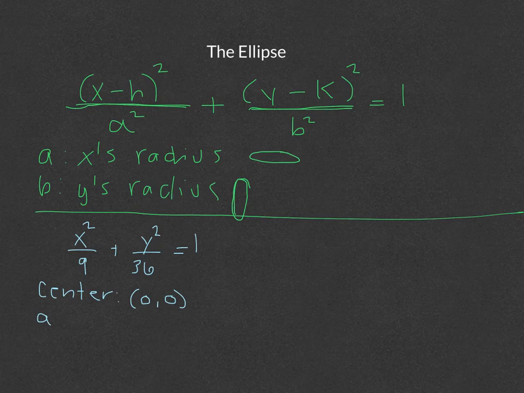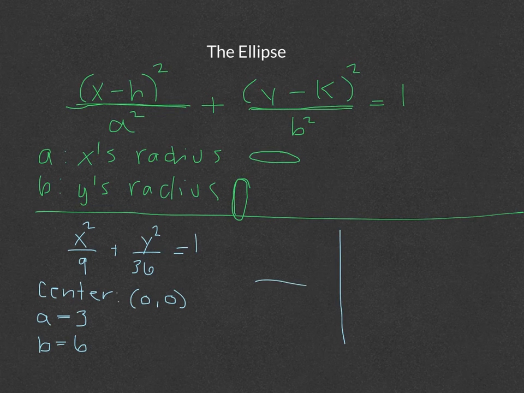That is the square root of the value underneath the x group. So a squared is 9, so that means that a would be 3. The b value, so y's radius, would then be 6, because the square root of 36 is 6.